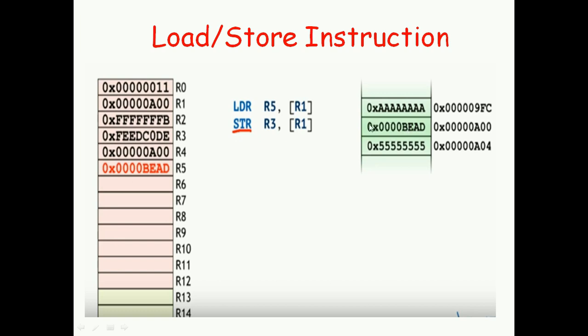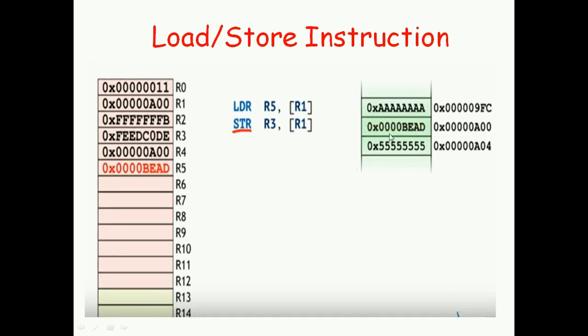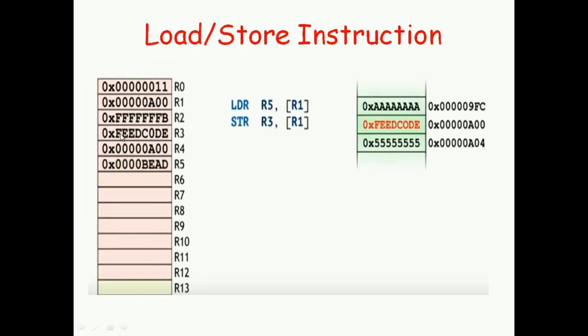To the address location of R1. The address location of R1 is this. At this location we already have this data. After the execution of the instruction, the value of R3 will be loaded here. Previously it was this. After the execution of store, this R3 content is moved to the address of R1. So this is how load and store instructions work.